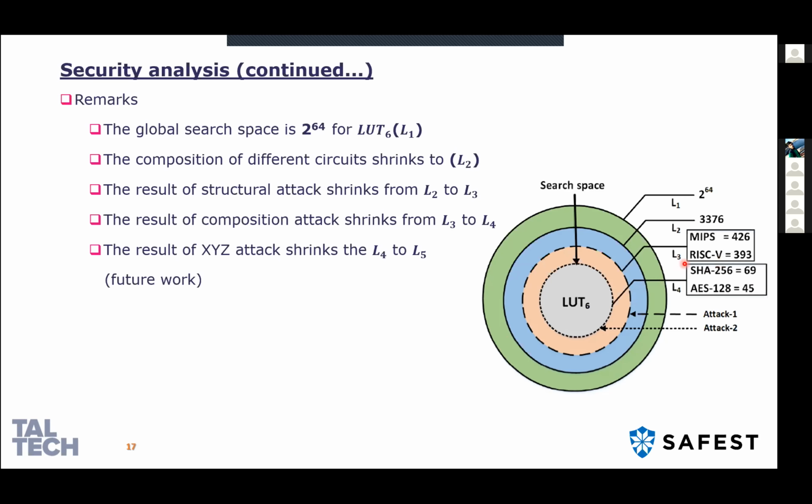So we have 69 and 45 masking patterns for SHA and AES respectively. In the future, we are more interested to work on any other attack, let's call it XYZ attack, that will reduce the search space from level 4 to level 5.